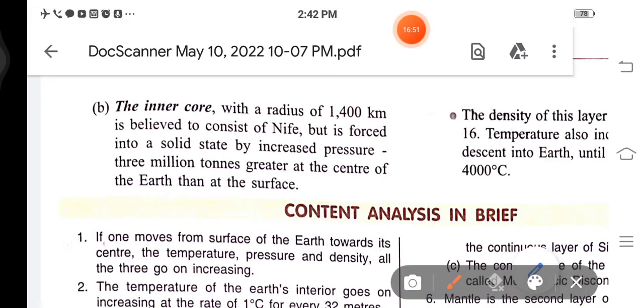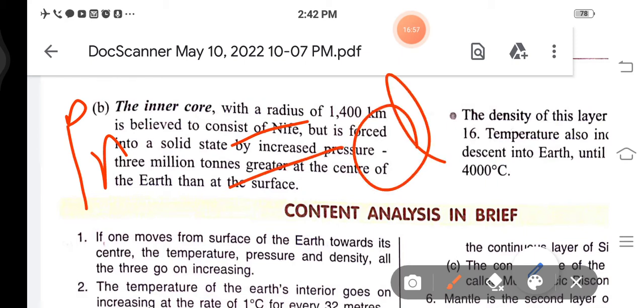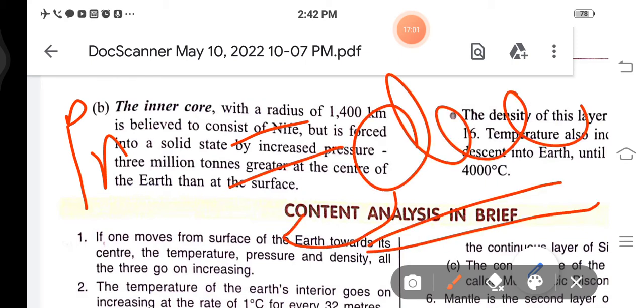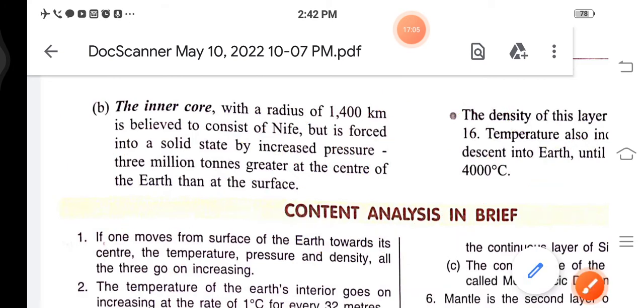Do you know why there is increased pressure? If the pressure is increased, the temperature is decreased. If the temperature is decreased, what would form? Solid would form. Like if we put ice in a refrigerator, what happens? The temperature is low, so it forms a solid state.